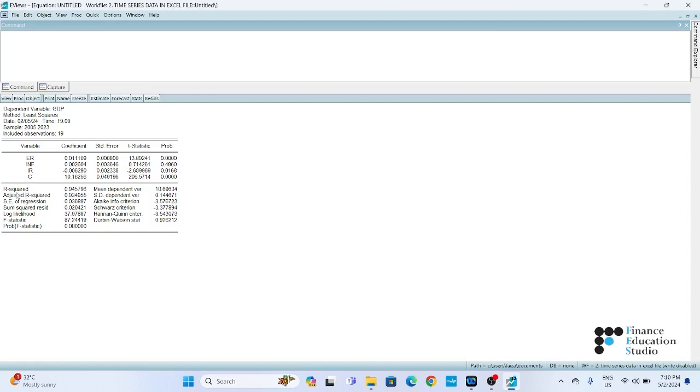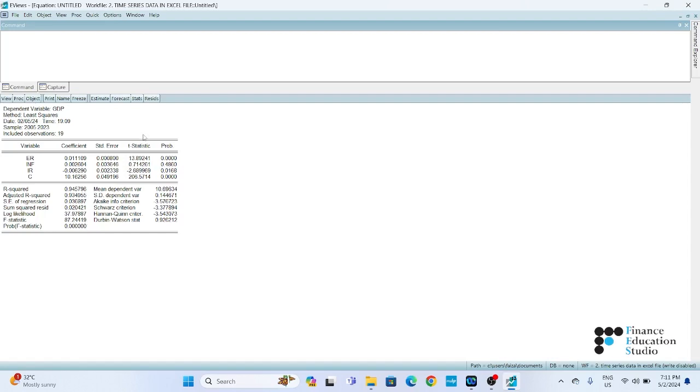R square actually shows the fitness of the model. Here R square value is 0.945 or 94%, and the adjusted R square is 0.93 or 93% for this data set. You can also see the F statistics probability which is 0.00.